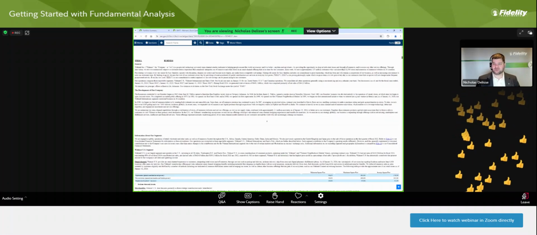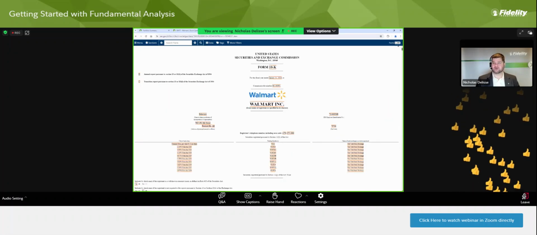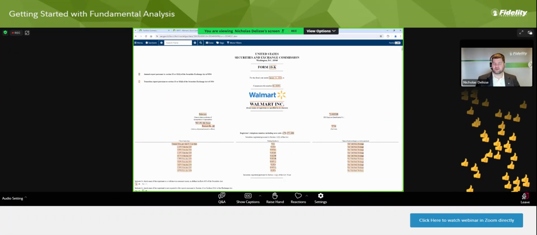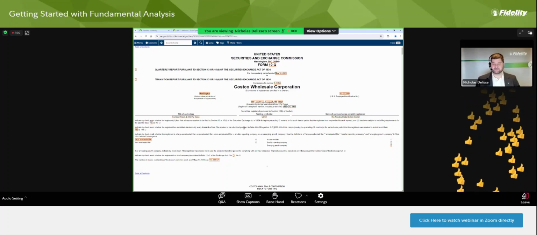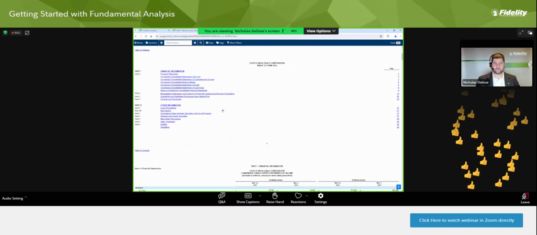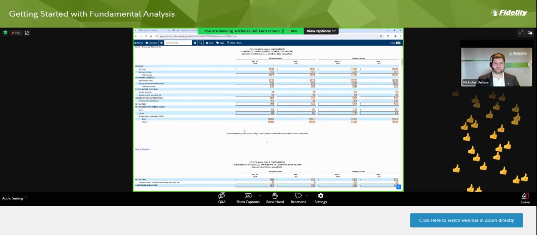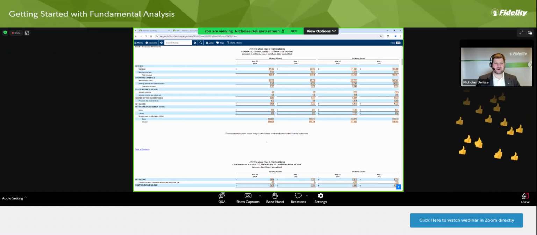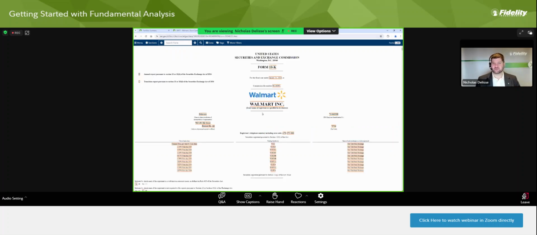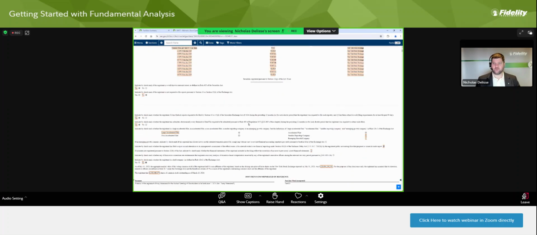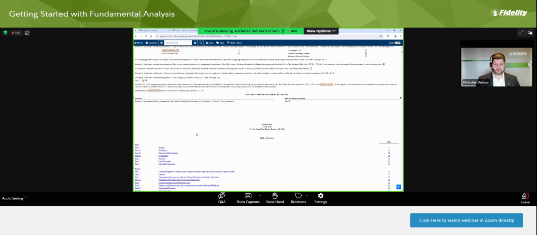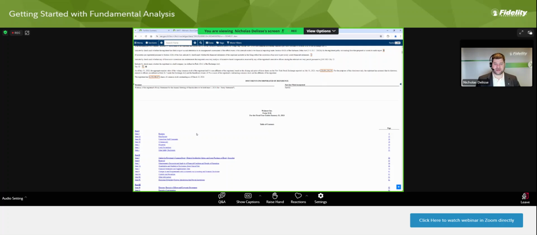With the balance sheet, we'll jump down here to the financial statement, and you'll be able to see that Costco has net sales and membership fees. It breaks it down. And what I wanted to show everyone is that Walmart doesn't break down that information.